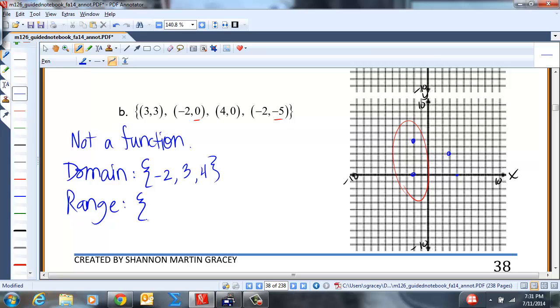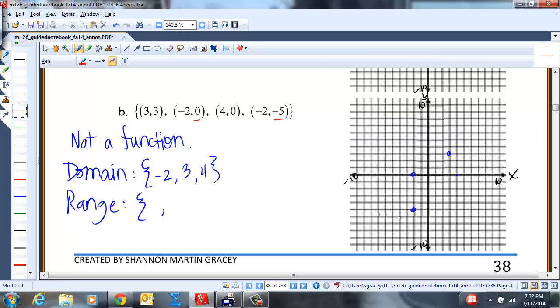So we have 0. Actually, -5, I think, is this. My apologies. I did +5. We'll have the same result, but this is down at -2, -5. So 1, 2, 3, 4, 5. Here we go.